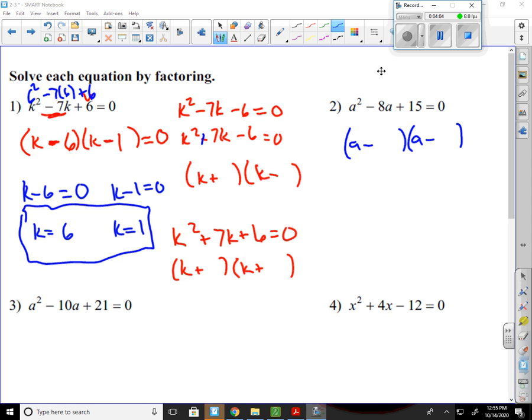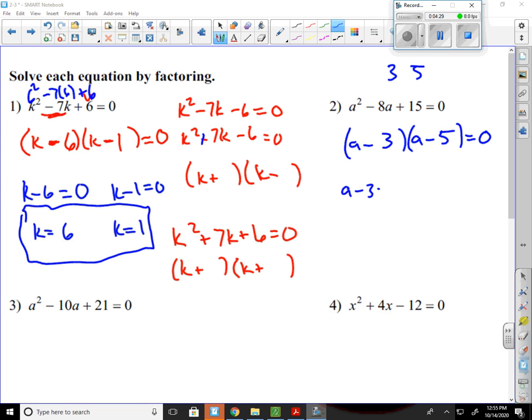Well, there's 15 and 1, but 15 plus 1 is not 8. 15 minus 1 is not 8. Let's try 3 and 5. 3 plus 5 is 8. I know that it's a minus and a minus, so it's 3 and 5. That's equal to 0.